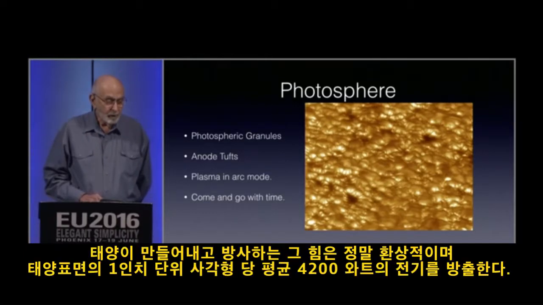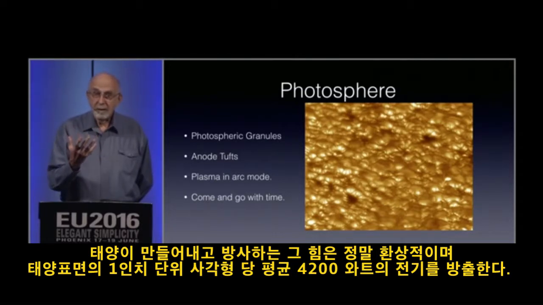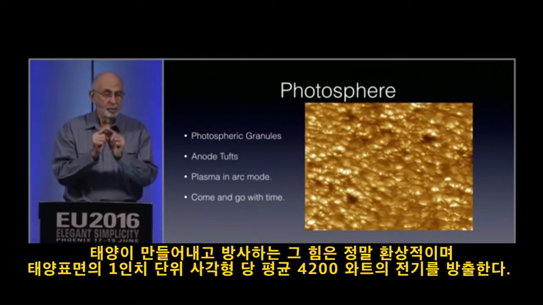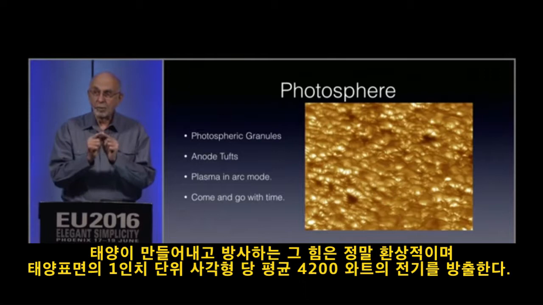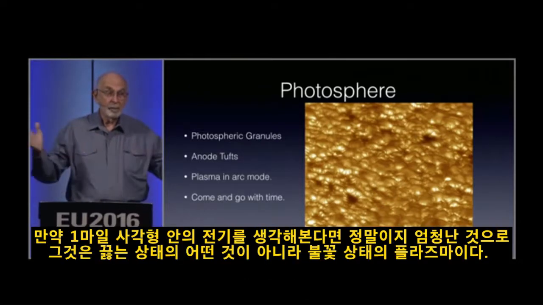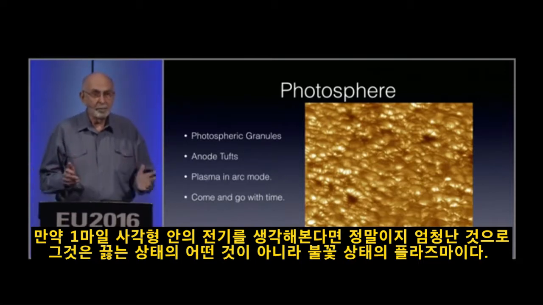The power put out by the sun is really fantastic. That is to say, the radiation from the sun, every square inch of the sun's surface, on average, puts out 42,000 watts. If you can think of what about a square mile, it's not boiling anything.